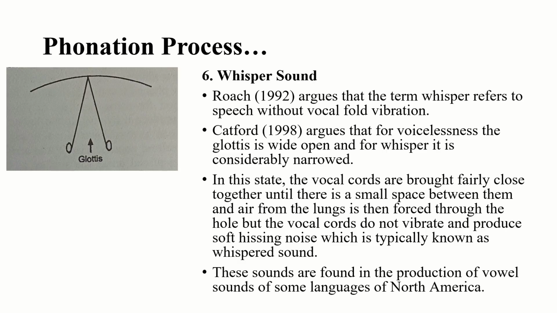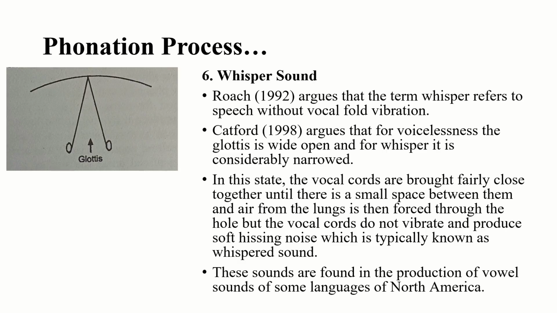Even in the whisper sound, there is no vibration, as in the voiceless state. But what happened here? The difference is in this state, vocal cords are not very much wide apart, but they are considerably narrowed, but in voicelessness, they are widely apart or widely open.